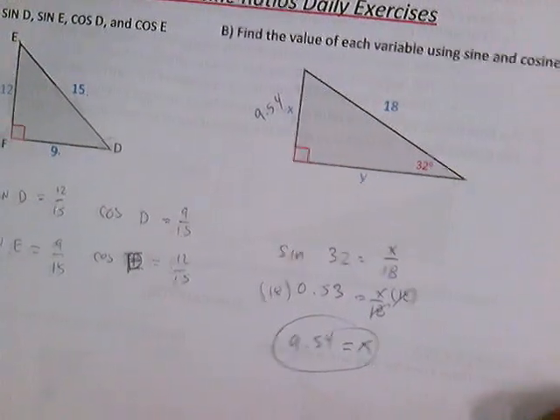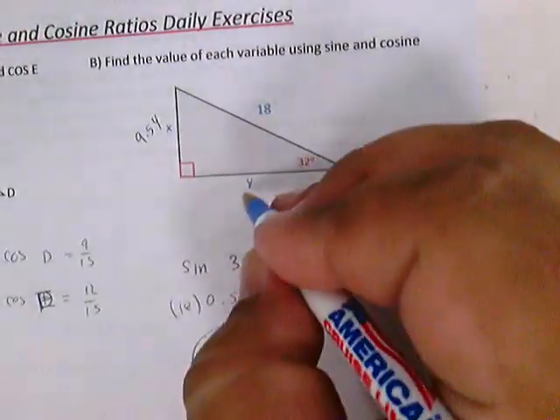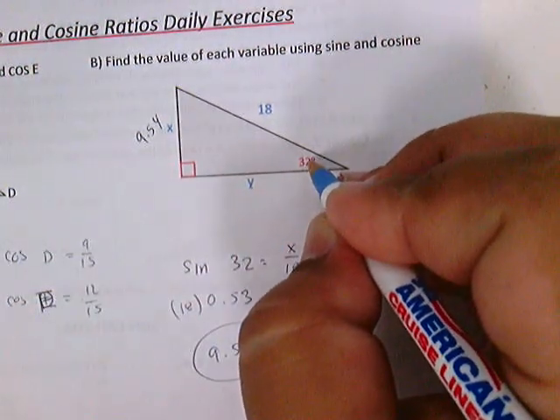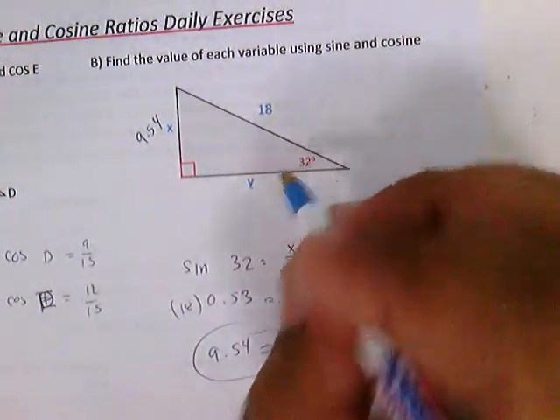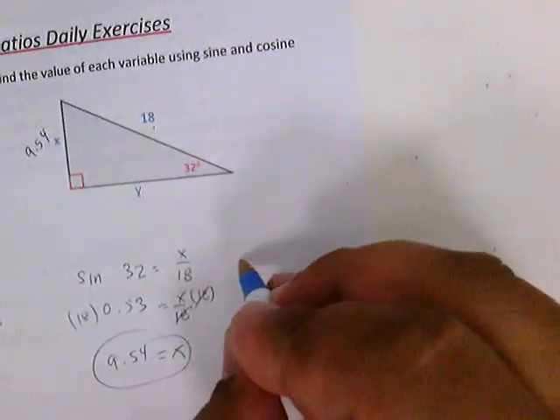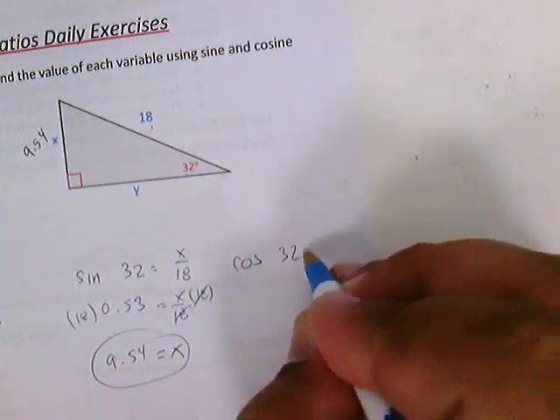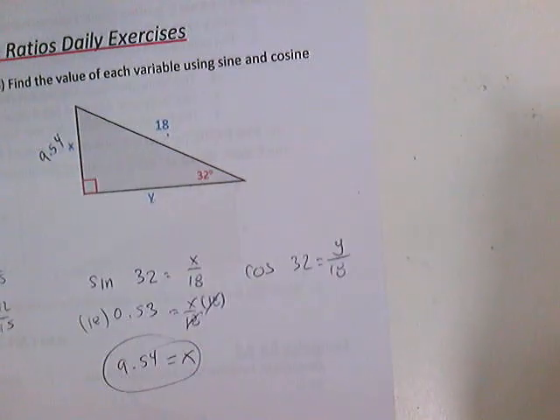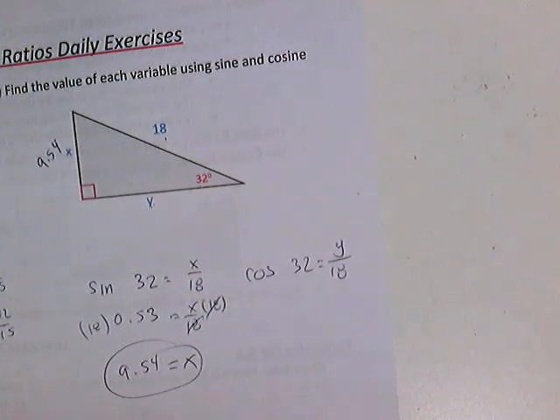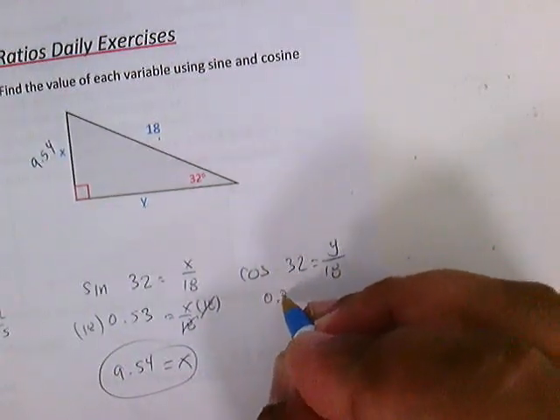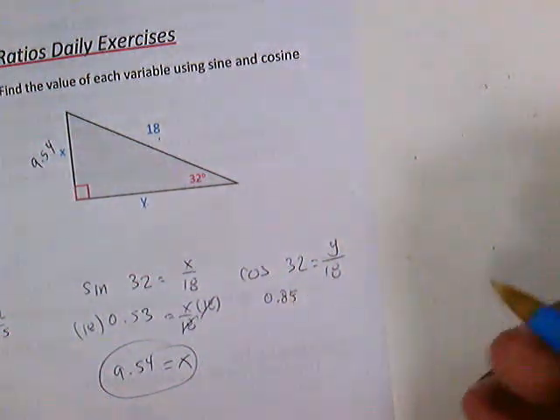Now, we also need to find this piece, the y, which would mean I'm going to need to use the 32, and I need to use the trig function that is the adjacent divided by the hypotenuse. We know which one that is. That's called the cosine. Of course, we're going to do something similar by doing the cosine of 32, which is 0.85, we'll round up.